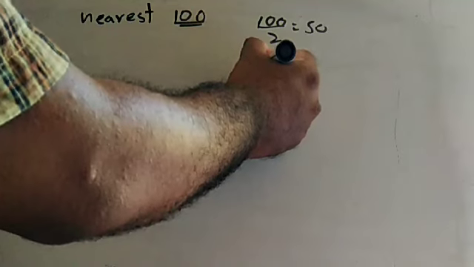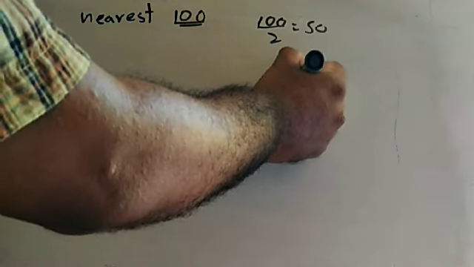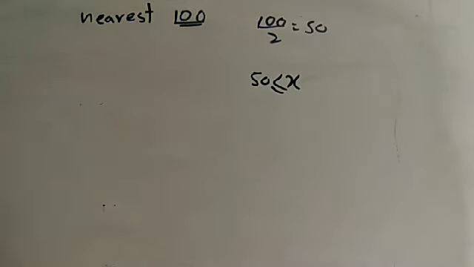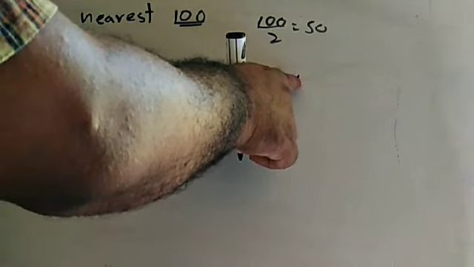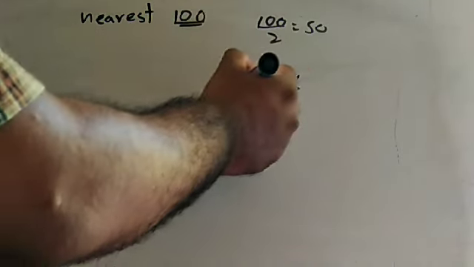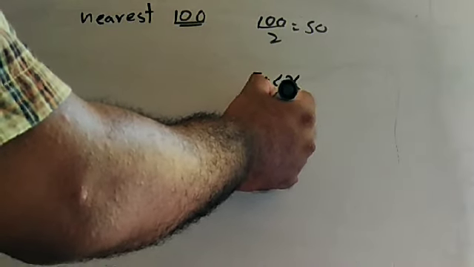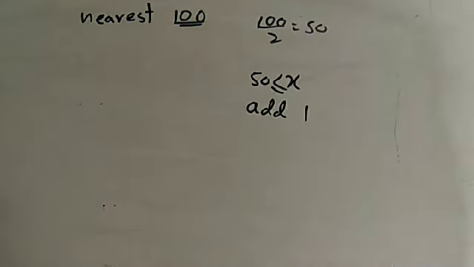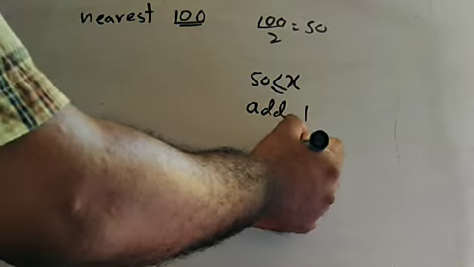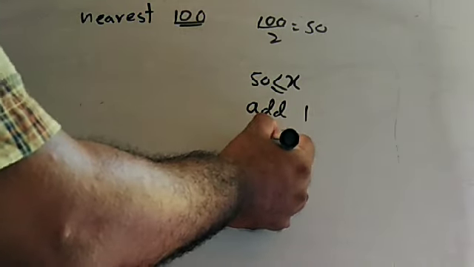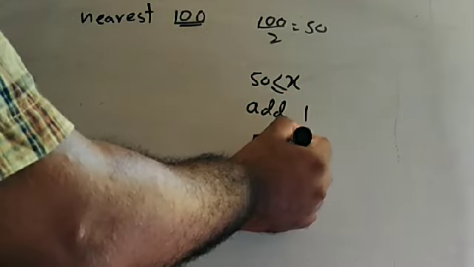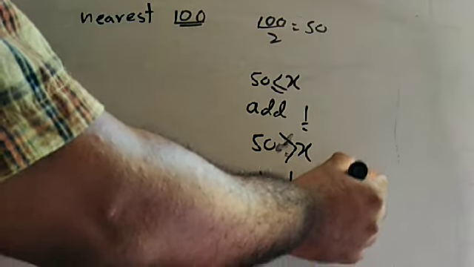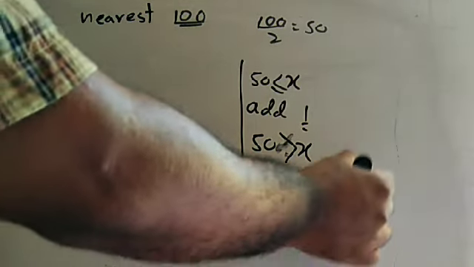When the number is more than 50 or equal, add 1. Below 50, do not add.